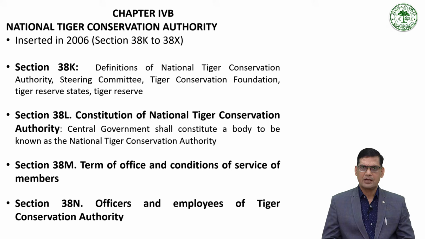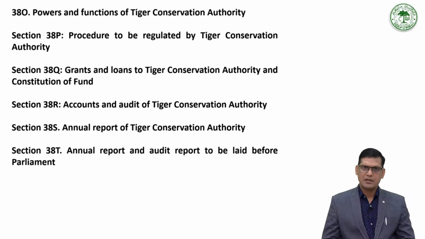Section 38M provides details about terms and conditions of service of members of the National Tiger Conservation Authority. Section 38N deals with appointment of officers and employees of the Tiger Conservation Authority. Section 38O of this chapter deals with power and functions of the Tiger Conservation Authority.